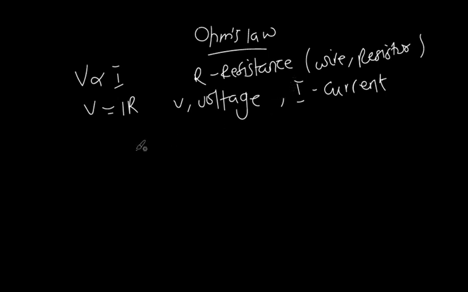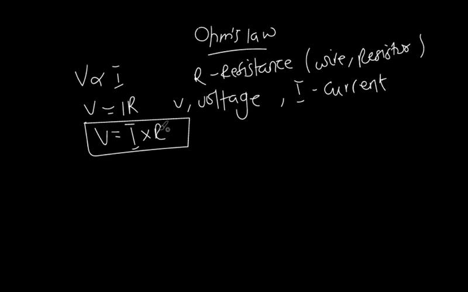According to Ohm's law, the voltage is equal to the current times the resistance. This is what Ohm's law is telling us. Before we move on to solve problems using Ohm's law, we need to look at some instances where we have combinations of resistors.